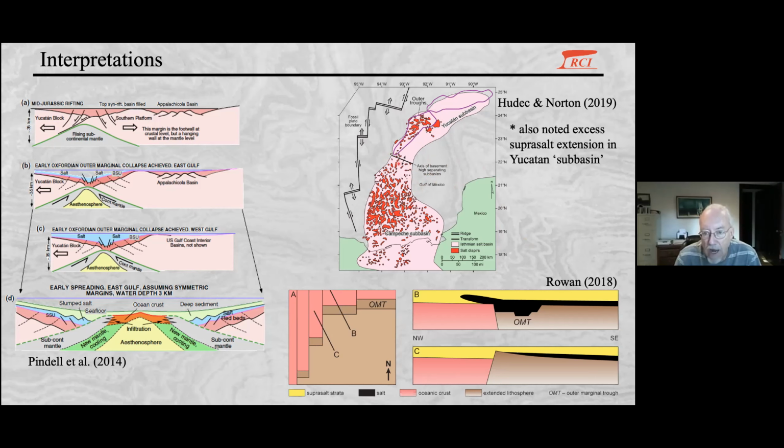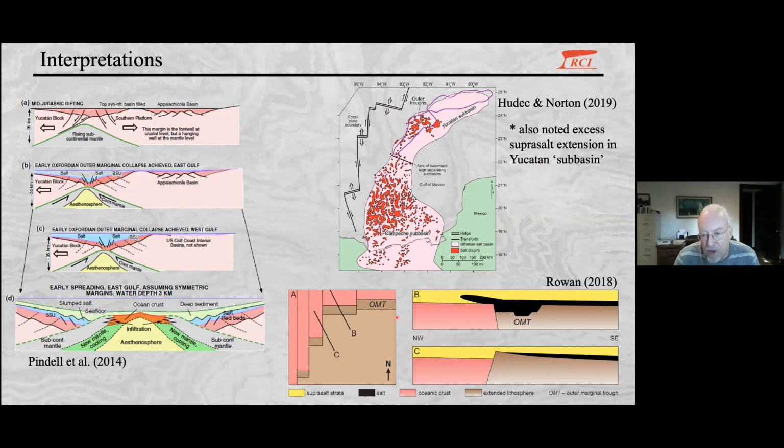Whereas in the Campeche subbasin, they said there are no outer troughs, but there's actually an outer high along here. They also noted excess supra-salt extension in this area back in here, so upper Jurassic extension that can't be balanced by any known shortening or salt emplacement or anything like that. And we'll keep that in mind.